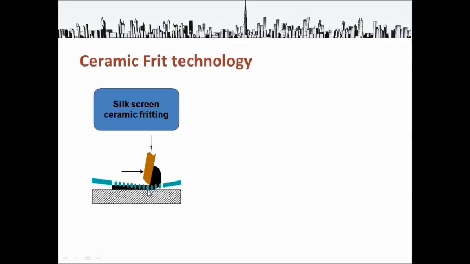The material is made of silk with very micro porous openings, and the black that you see is the ceramic ink, which gets squeezed over the silk screen, and wherever you have these microporous pores, it gets transferred onto the glass, and corresponding designs or shapes are formed.